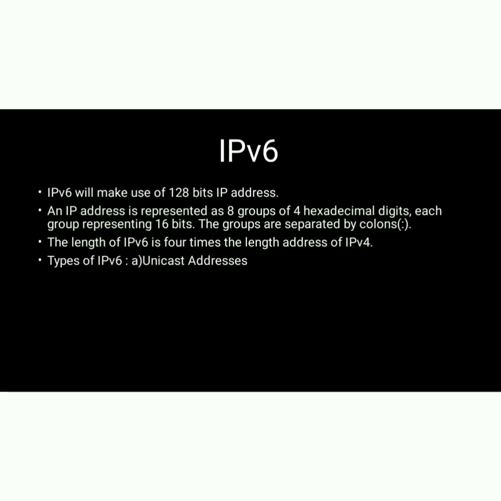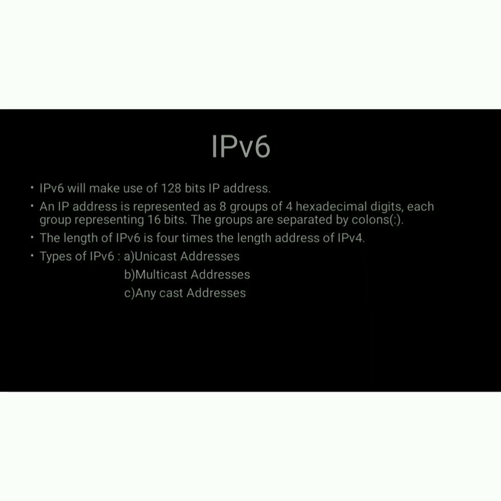Types of IPv6 are unicast addresses, multicast addresses, and anycast addresses. First, unicast addresses identify a unique node on a network and usually refer to a single sender or single receiver.